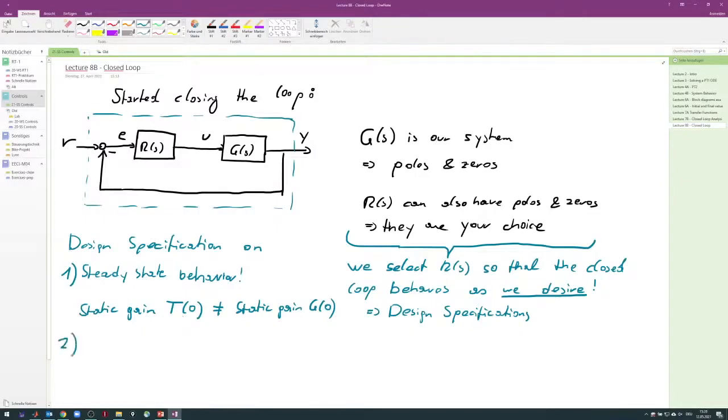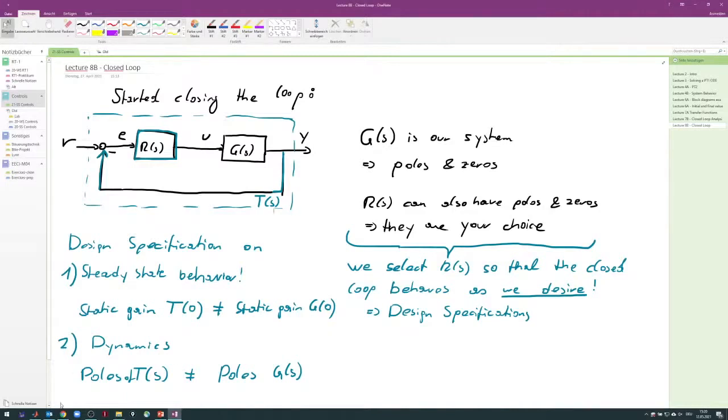And obviously what we also change is the dynamics. Meaning that the poles of T of S are not equal to the poles of G of S. We use the controller, this guy here, and we use the feedback, this feedback here, to change the dynamics and the steady state behavior of our T of S, right?